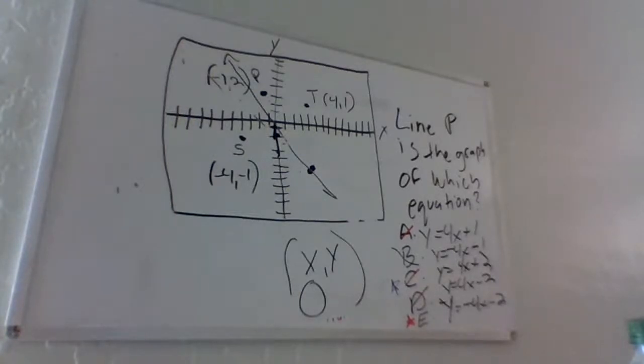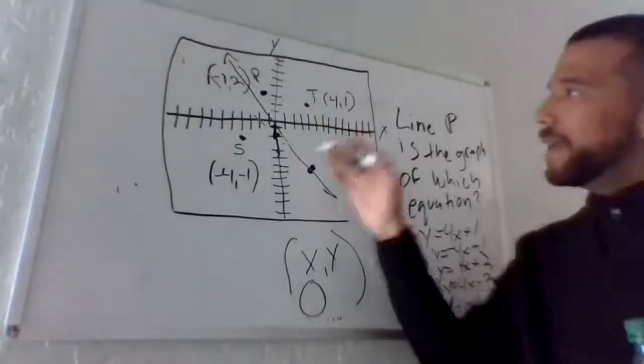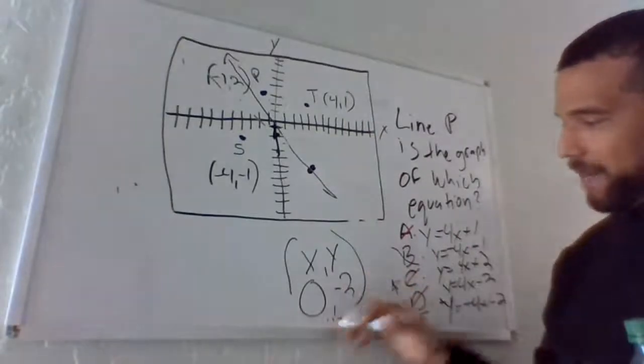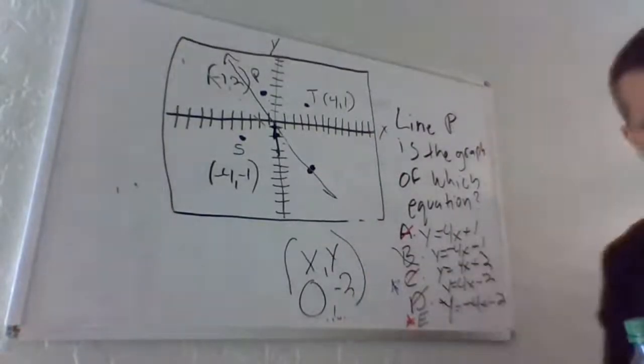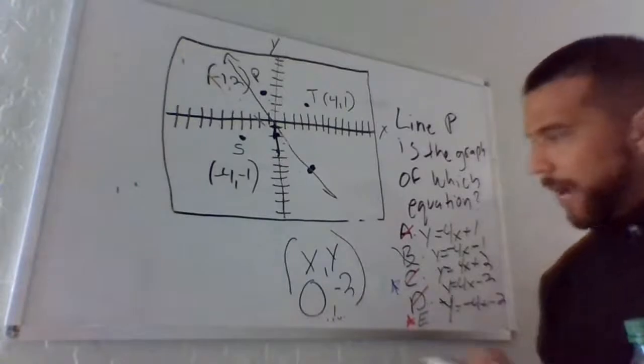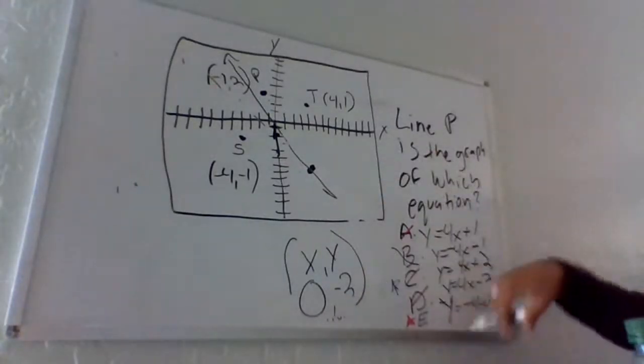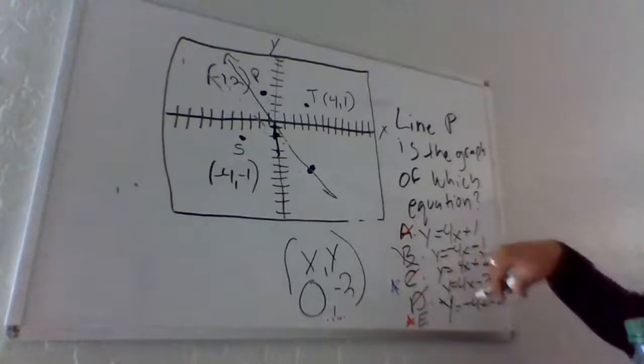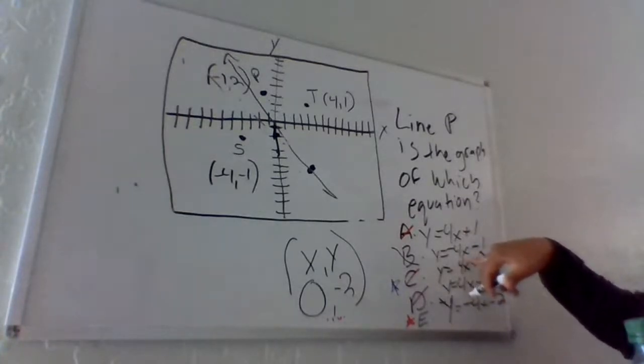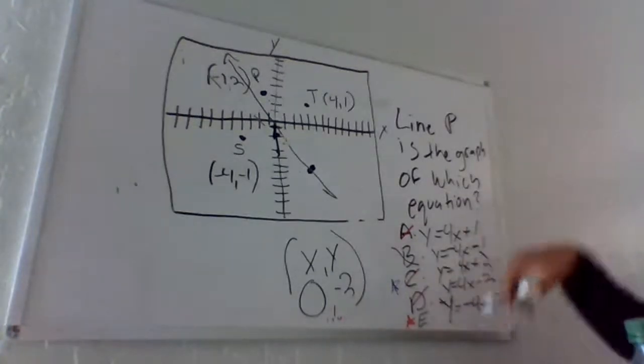So if we plug this into the slope formula, we're going to get at least what the slope is. That's another way to eliminate these.